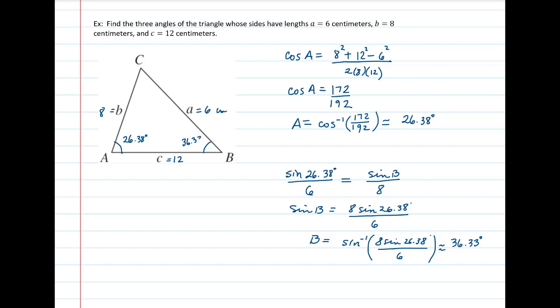Once we have our second angle, we don't need law of sines or law of cosines to find the third angle. We just subtract the first 2 from 180 degrees. So our angle C is going to be 180 minus 26.38 degrees minus 36.33 degrees, so we get that C is equal to 117.29 degrees. And there we have it.